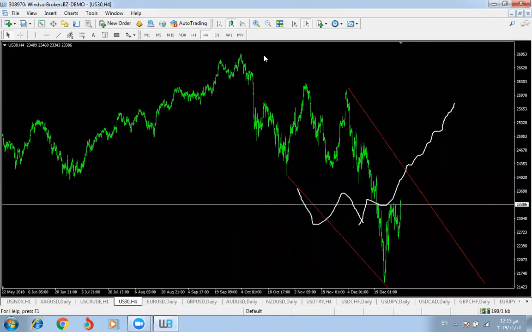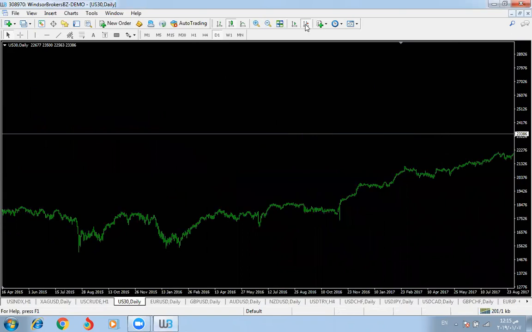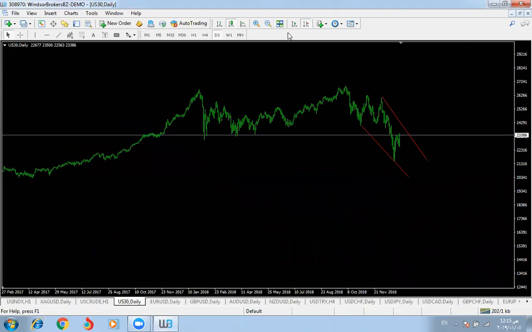We'll go to Dow Jones. I will show you the daily time frame. The price is making a very nice corrective pattern right there, which is an expanded flat. This is wave A, this is B, this is A, B, and this is wave C, which is incomplete.